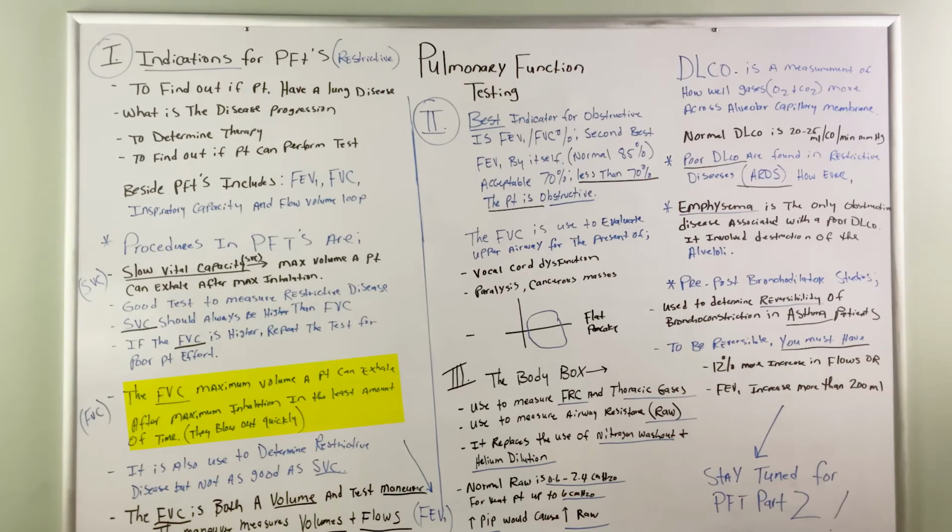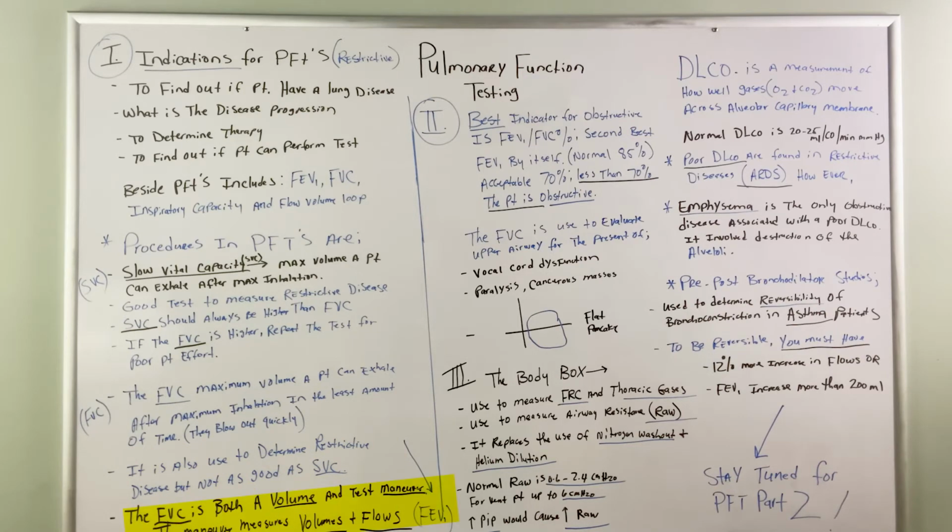So then what is the forced vital capacity? It is the maximum volume a patient can exhale after maximum inhalation in the least amount of time. That means they're blowing it out really quickly. They take in a deep breath, and then they blow it out as fast and as quickly as they possibly can. That is a forced vital capacity. Now, it is also used to determine restrictive disease, but it's not as good as the slow vital capacity.